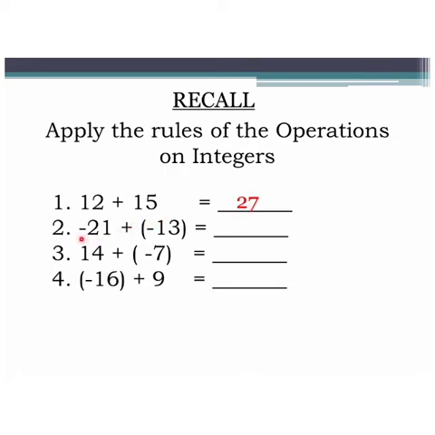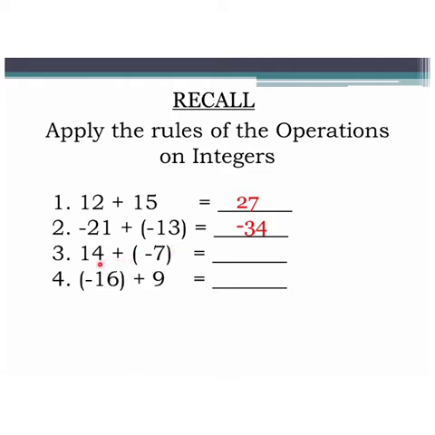Number 2, negative 21 plus negative 13. Both numbers are negative, so applying rule number 1 of addition of integers, we just add the numbers directly and copy the sign. Negative 21 plus negative 13 is equal to negative 34.